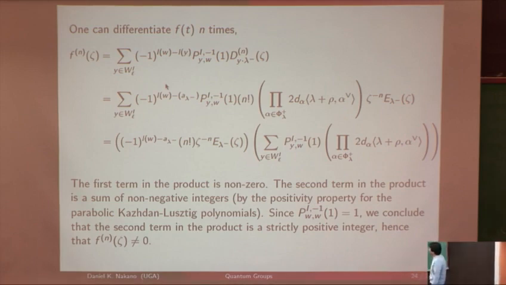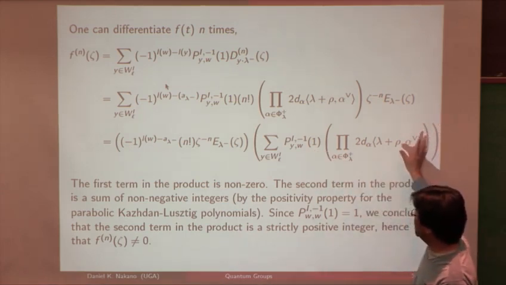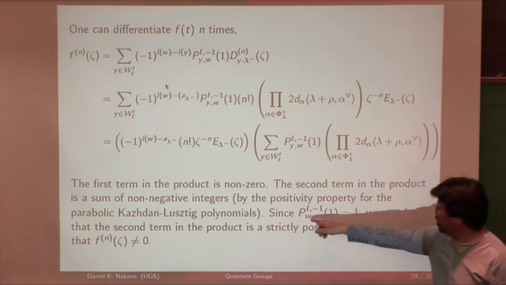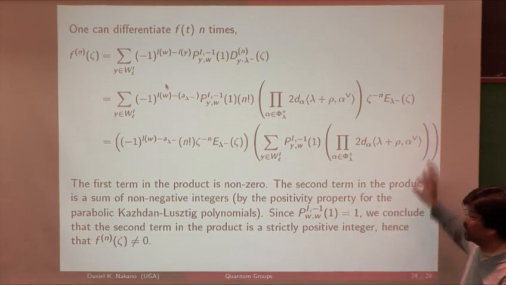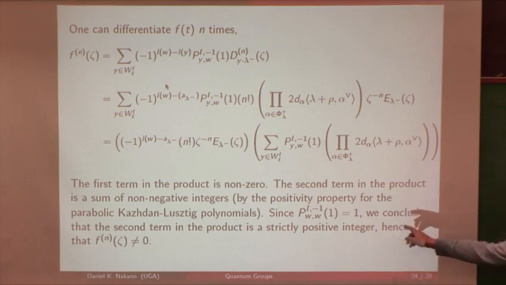Each of these things is positive, so at least this is going to be bigger than or equal to 0. But we also know that when I take w and w, this thing is actually equal to 1, so this has to be strictly positive. In order to pull off this calculation, you actually need to use some deep result in terms of the positivity of the Cauchy-Lusztig polynomials.